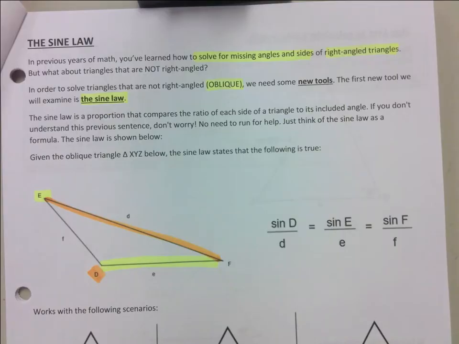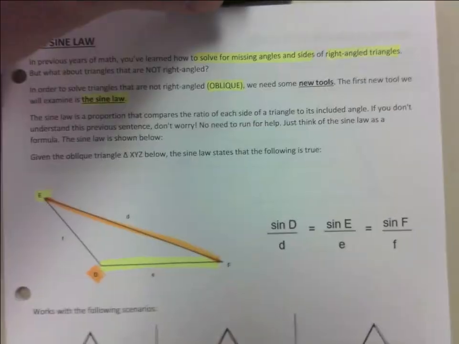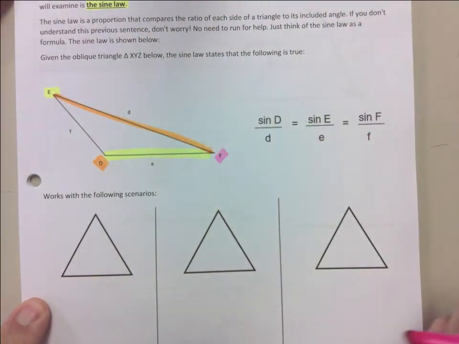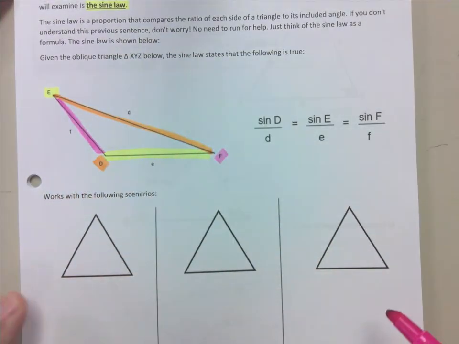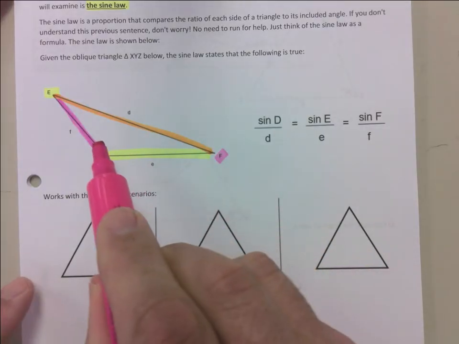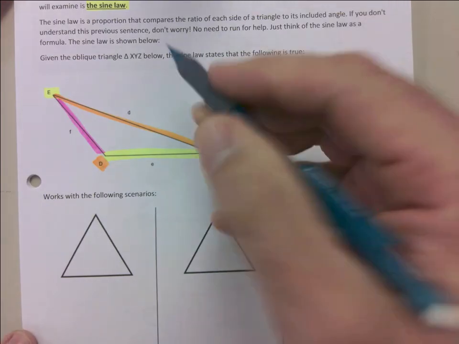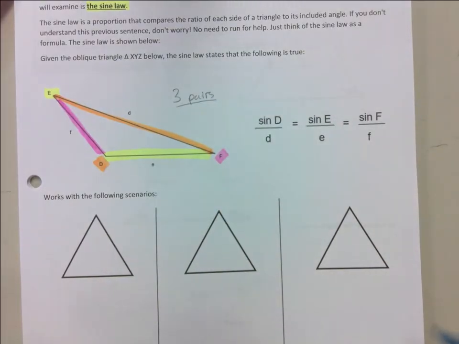There's a very important pattern you need to understand, okay? And this last angle here corresponds to the side length across from it. So if you want to look at it that way, there's 3 pairs, and you always want to keep them that way.